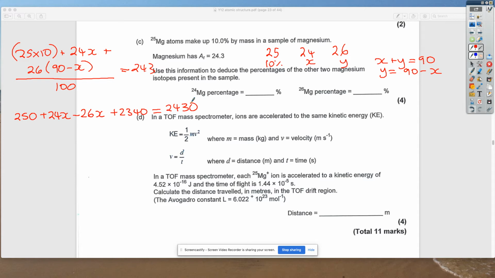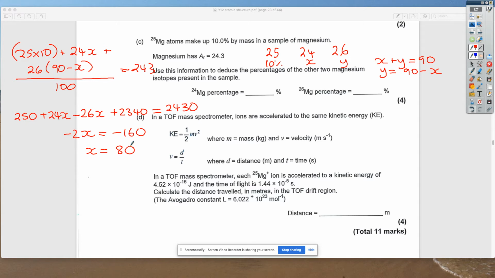And so now I've got 24 minus 26, so I've got minus 2x, and then I just have to bring all the numbers over to the right. So I've got 2430, and I'm going to have to take away 2340 and 250, which gives me minus 160, which means that x is 80.